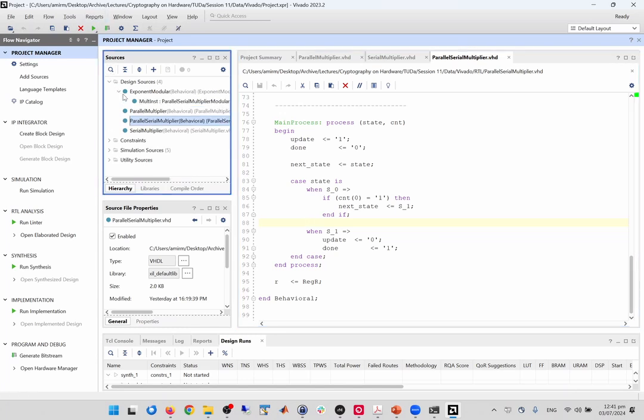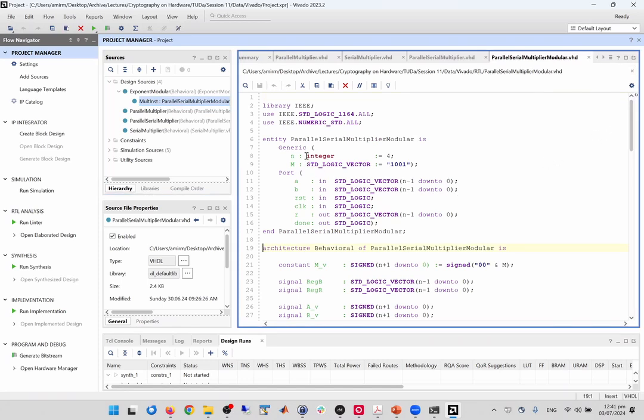Before looking at the exponentiation or modular exponentiation, I have here a parallel serial multiplier module, but it's actually a modular multiplier. It means that n is there and also there is m as the modulo. And of course, it's not written here, but m should also have the same size as n. It's 4 bits, so m should be exactly 4 bits, the modulo.